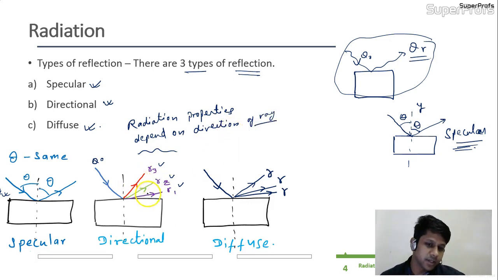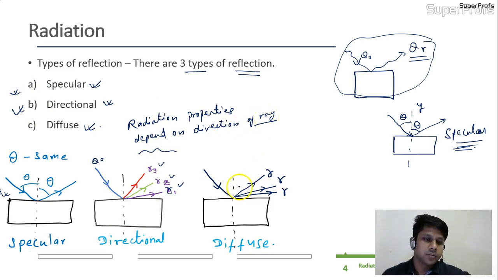See this red one, green one and blue one, these have different radiation properties, let us say R1, R2 and R3. So this kind of reflection is known as directional reflection, in which radiation properties depend on direction.